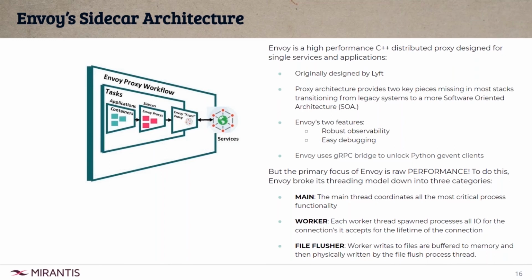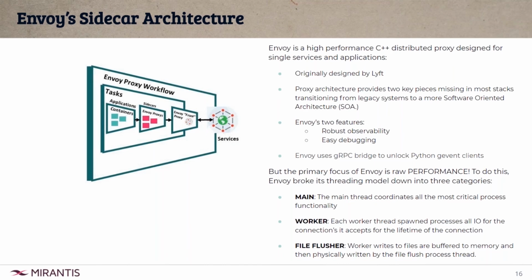And the gRPC bridge remote procedure calls allowed you to use Python as a client, which was a big advancement from how they used to do it in libraries. But the biggest thing about it was developed directly for the performance of a proxy service.